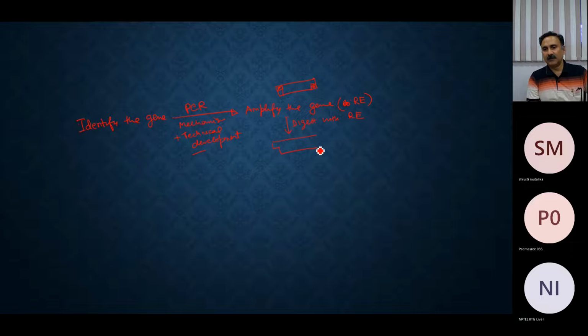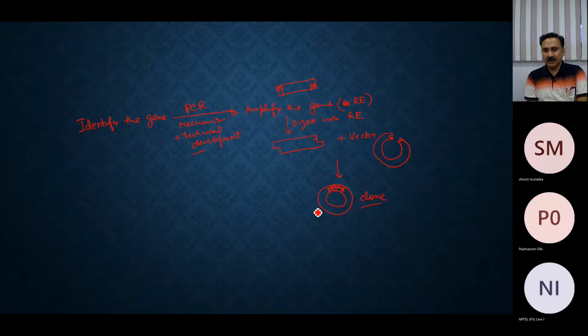You can generate the vector also with similar sticky ends. When you put them together, you get the clone, in which your gene is inserted within the multiple cloning site.